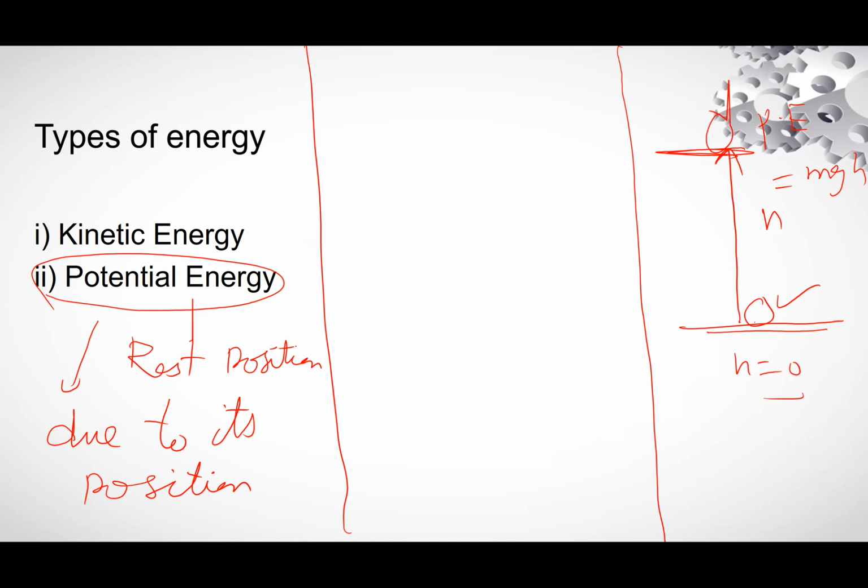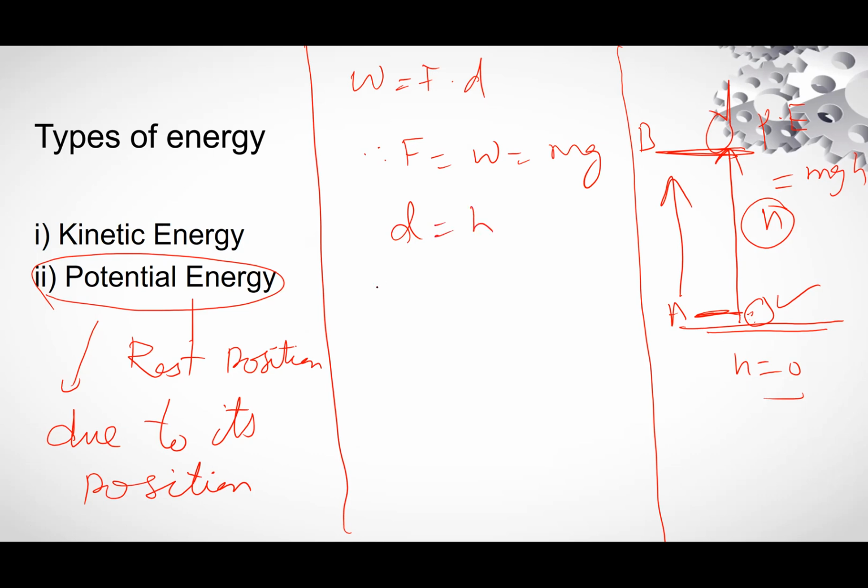Work is equal to F dot D. Here, in taking the body from point A to point B, we cover a height h. Now, F will be equal to weight of the body, and it is equal to mg. D is equal to h. And this work is due to its position, due to its height.